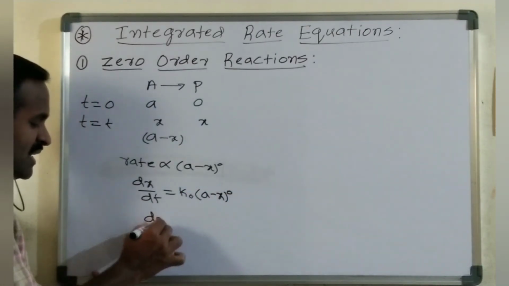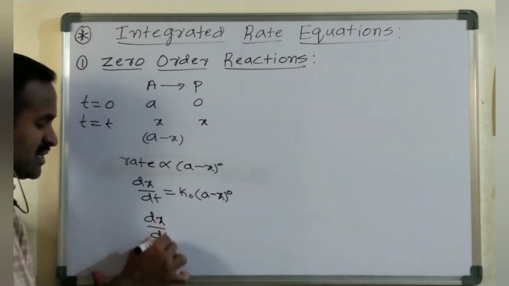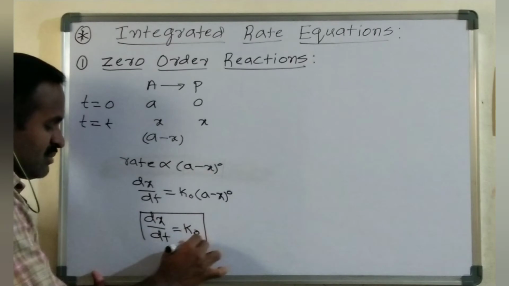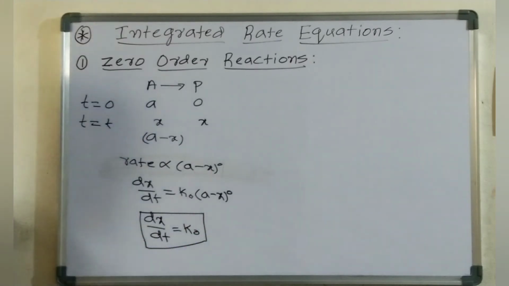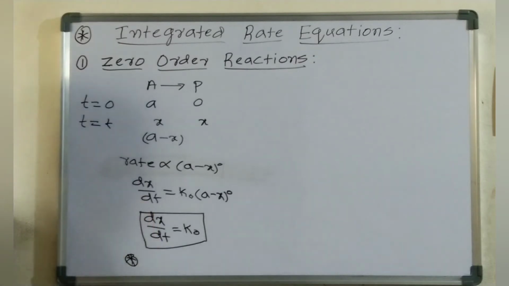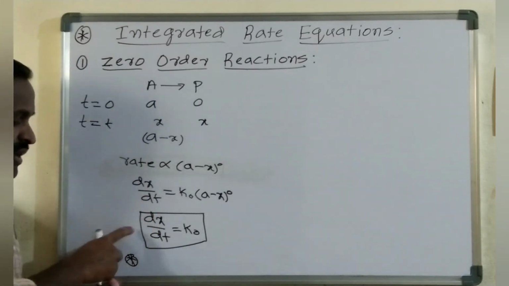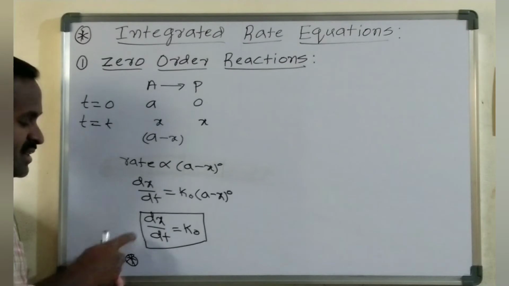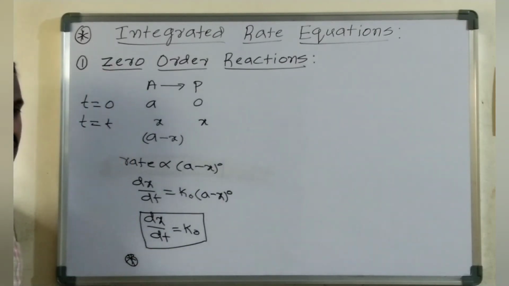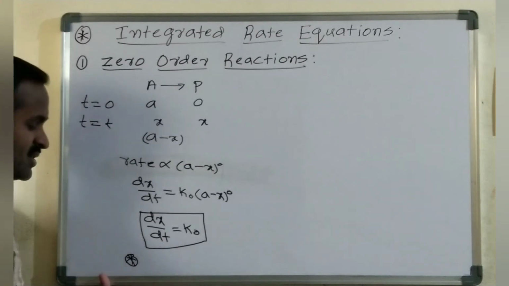So dx by dt is simply equal to k naught. The rate of the reaction for a zero order reaction is always equal to its rate constant.